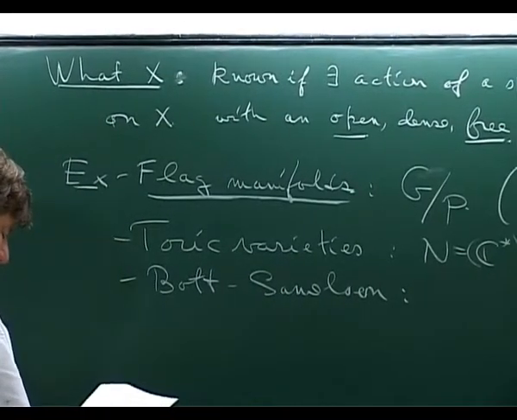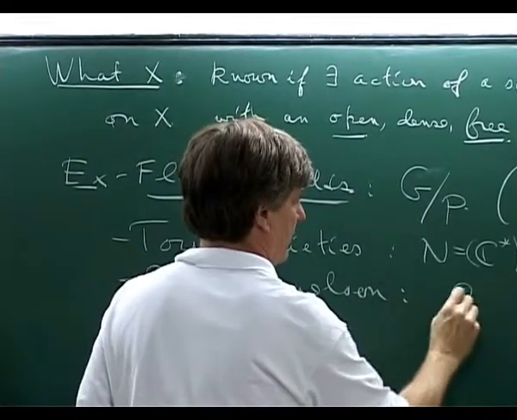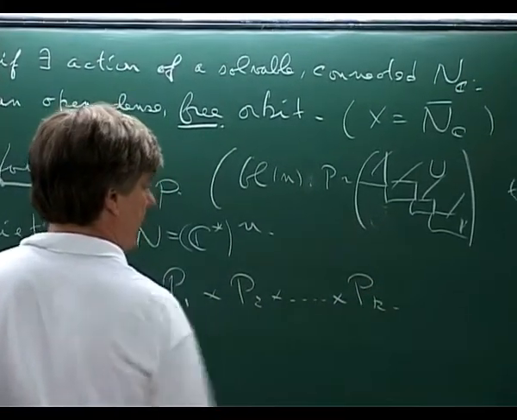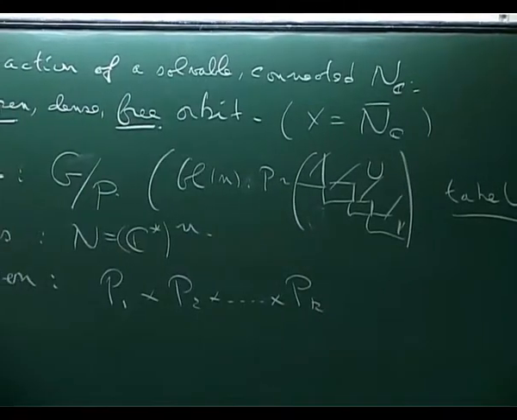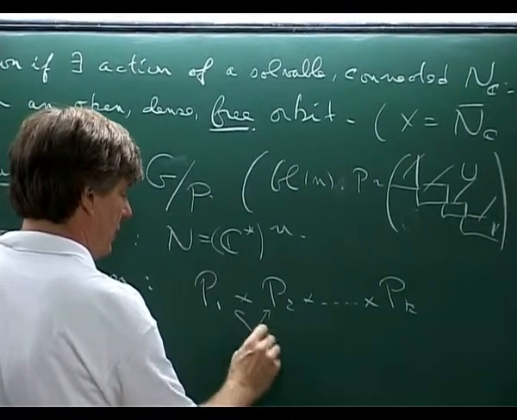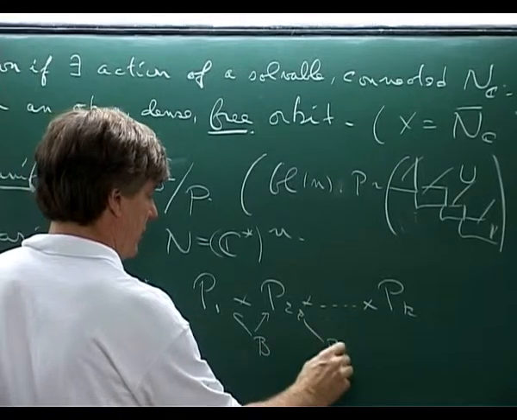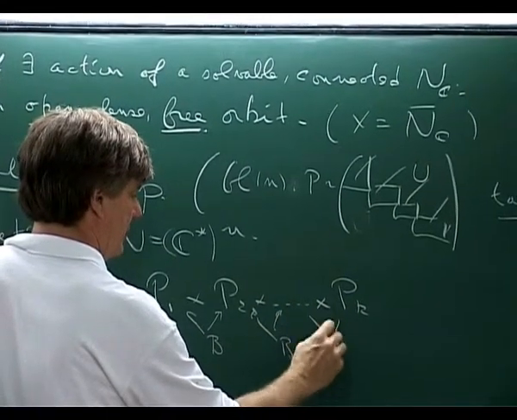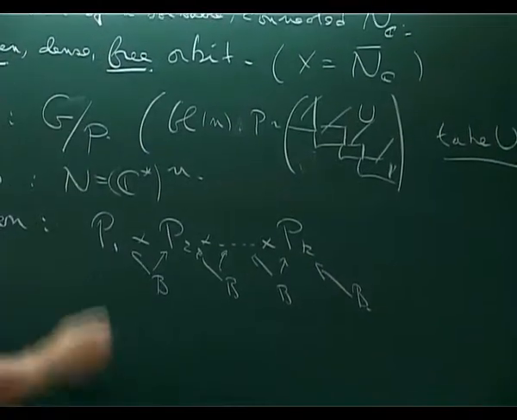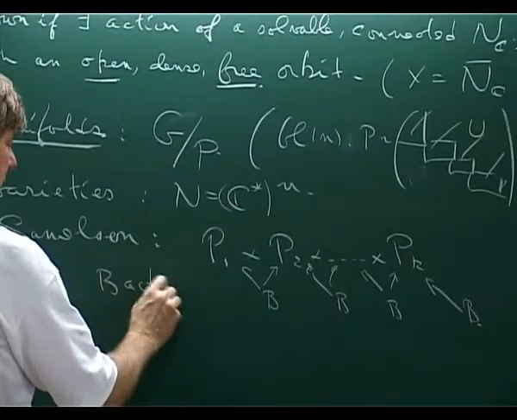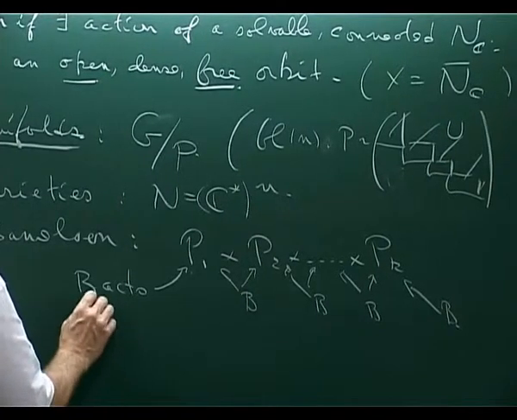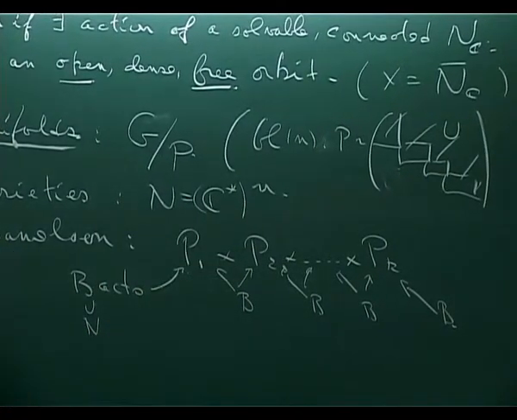You take a bunch of parabolic subgroups in a reductive group, and then you act by the Borel subgroups on consecutive pieces here, and then a final one acting over here, and you can find basically an N sitting inside B that acts freely.